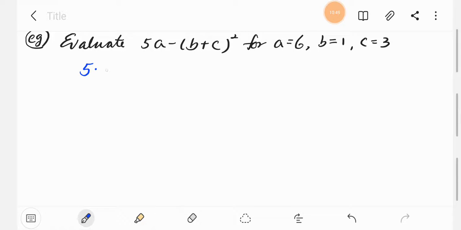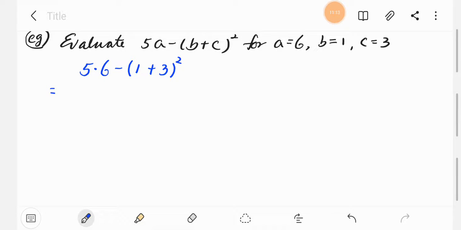A is 6. So I'll put a dot, that means a product, a multiplication. Then minus, parenthesis, B is 1 plus C, the value of C is 3. Then close parenthesis and then squared. So the first step is to replace it. Yes, we did it.